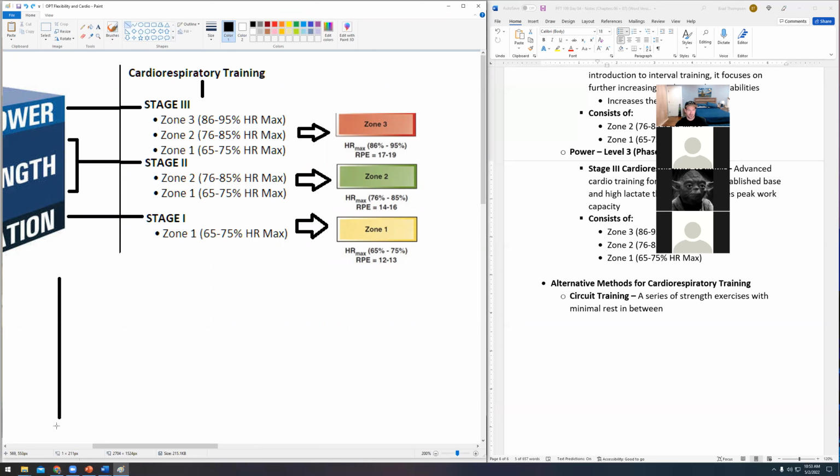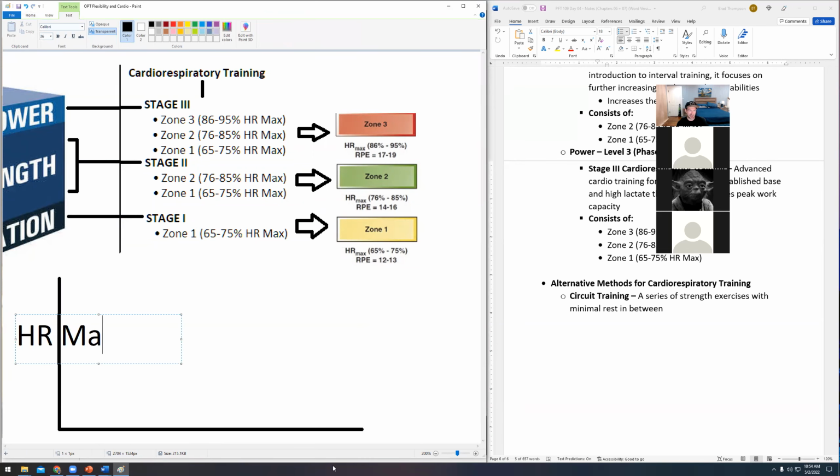If it was a line chart, right? Let's say that this line over here, this is my heart rate max. So my heart rate goes over here.